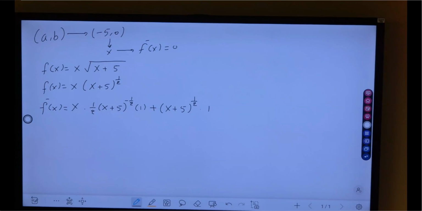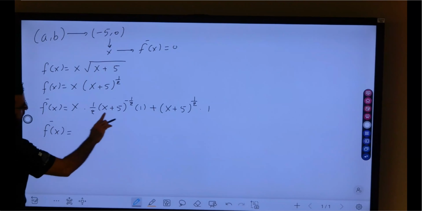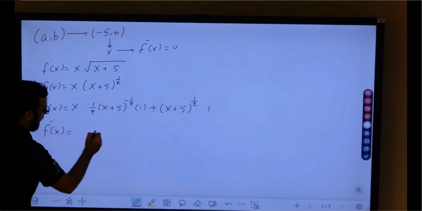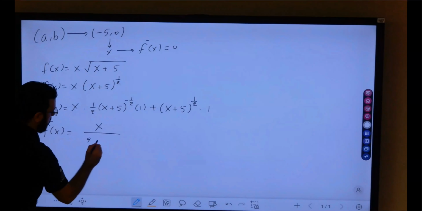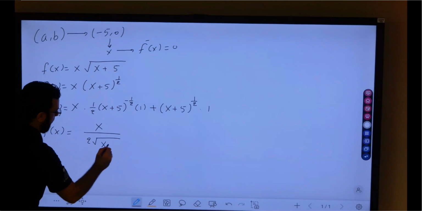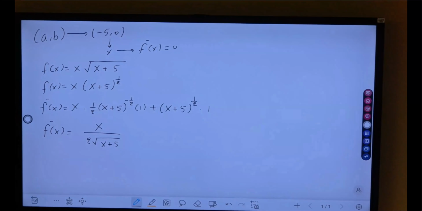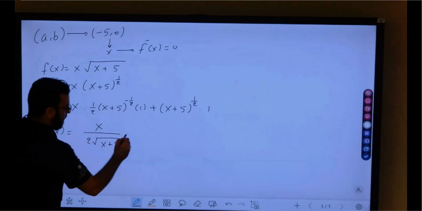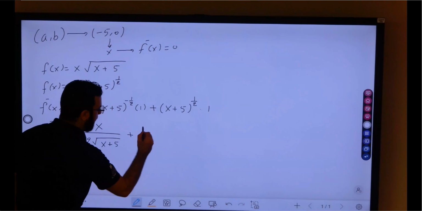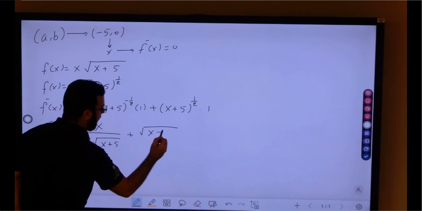Then I write this again: x over 2 square root of x plus 5, plus square root of x plus 5.